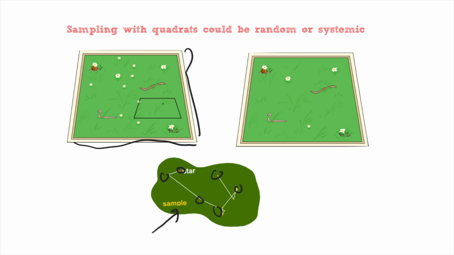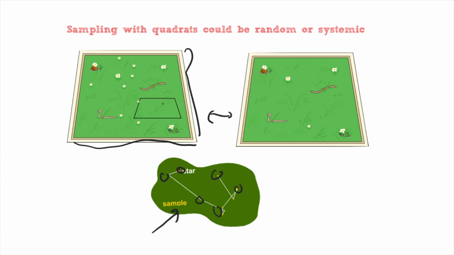It's not a very accurate method, but if you've been fair, if you've dropped your quadrats at quite some distance and not been biased, basically you took representative areas of this habitat, then that would be good enough.